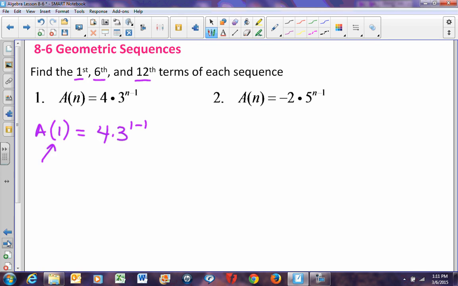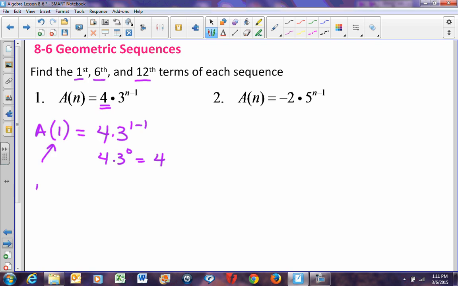It's not a formula we're solving. You're just plugging in. So a of 1, in other words my first term, is 4 times 3 to the 0 power. 3 to the 0 power is 1. So 4 times 1 is 4. Which makes sense because what is the first term? It's 4 right there. We should have known that from the formula itself. So that verifies it.